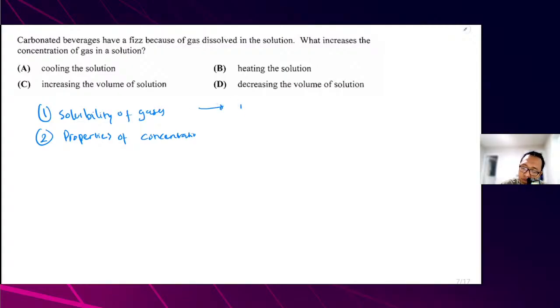When the temperature increases, the solubility decreases. If the pressure increases, the solubility increases.